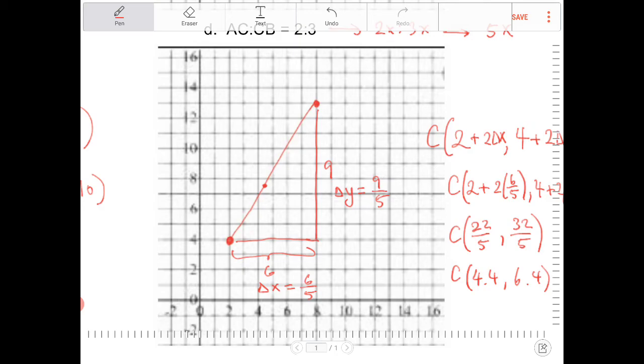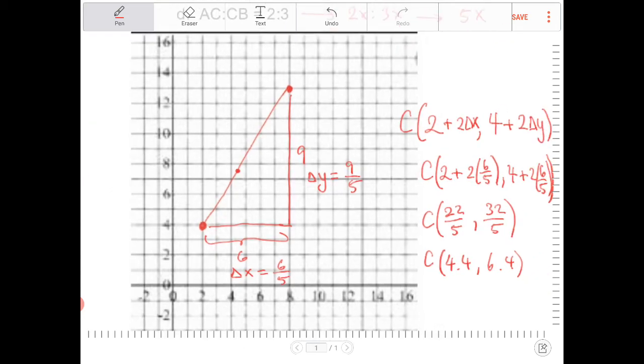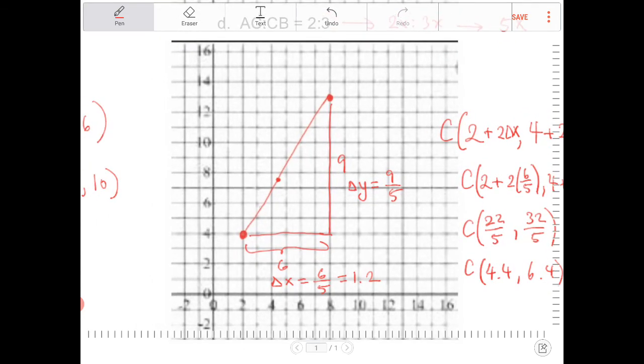And 6.4 is right where that should be. 6 fifths is 1 and 1.2 fifths, so it's 1 and a little more.